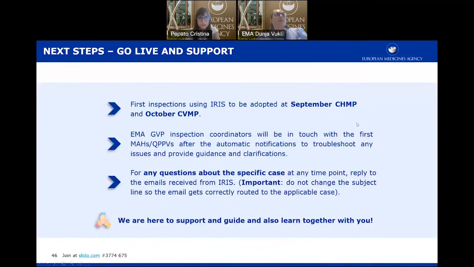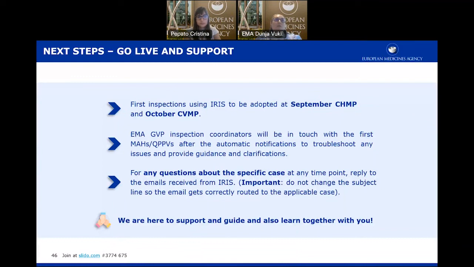A couple of pieces of information on the next steps, the go-live and support. As said previously, the first inspections using IRIS will be adopted at the September CHMP and October CVMP. EMA GVP inspection coordinators will be in touch with the first MAHs and QPPVs after the automatic notifications to troubleshoot any issues and provide guidance and clarifications.